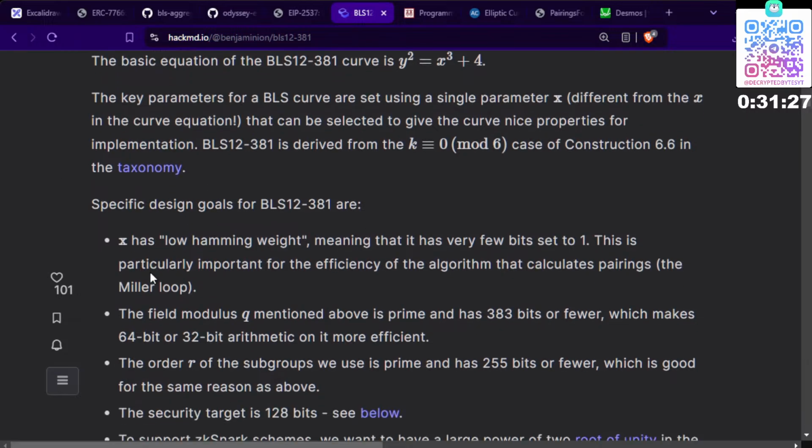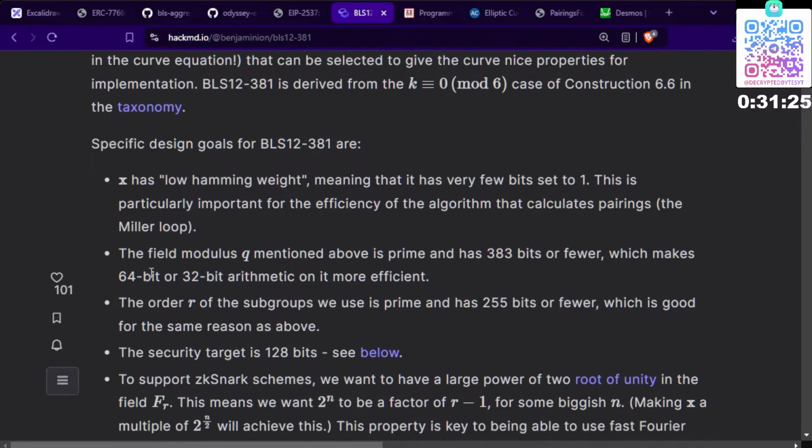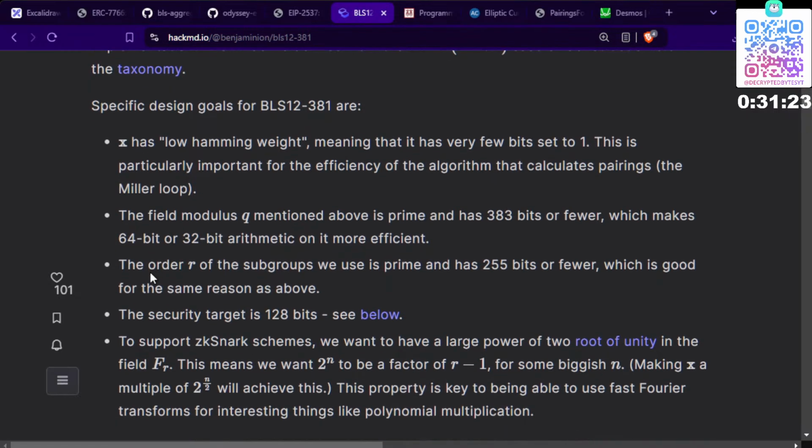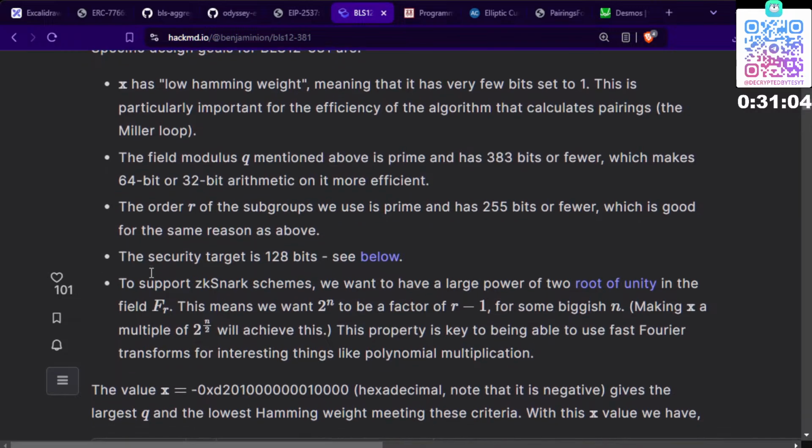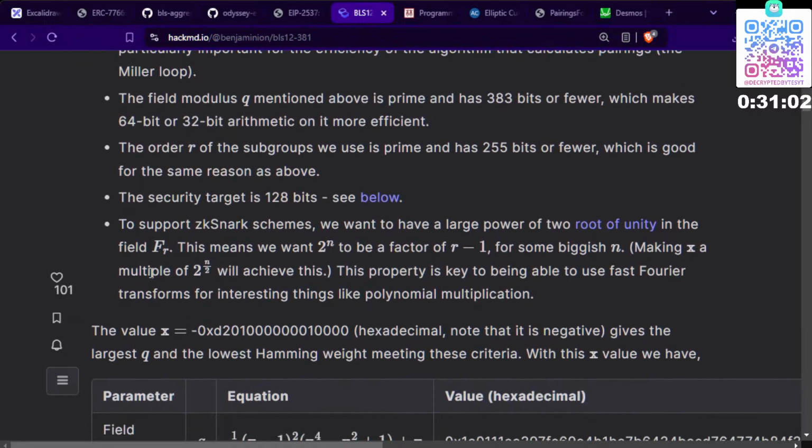Specific design goals of BLS12-381 are: x has low Hamming weight, meaning that it has very few bits set to 1. This is particularly important for the efficiency of the algorithm that calculates pairing, the Miller loop.